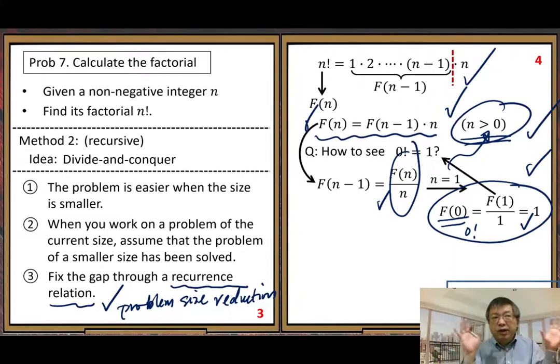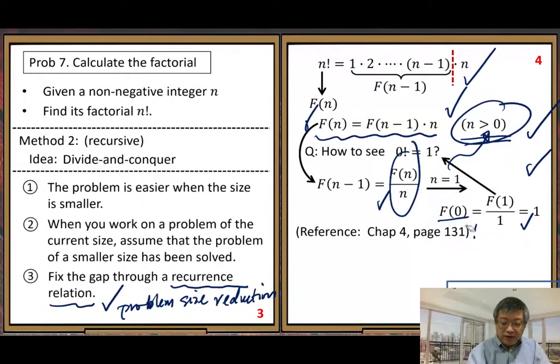But after we derive some new relations, then we can extend our definition to cover more cases. So in math, this idea is used many times. The reference for this part can be found in our textbook, chapter 4, page 131.